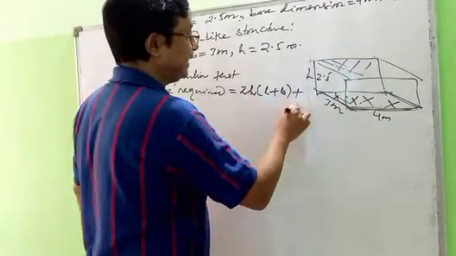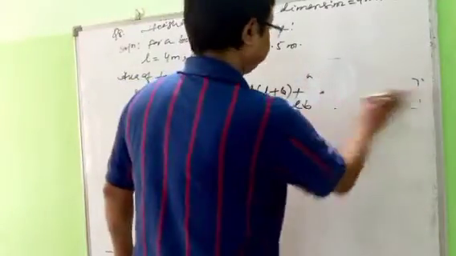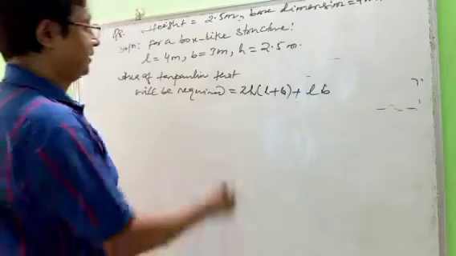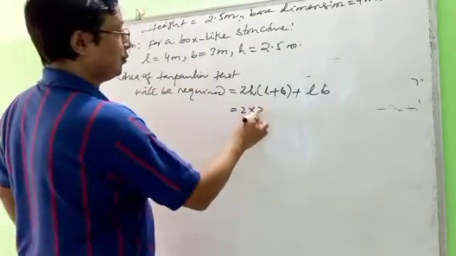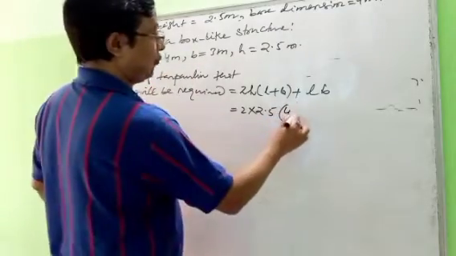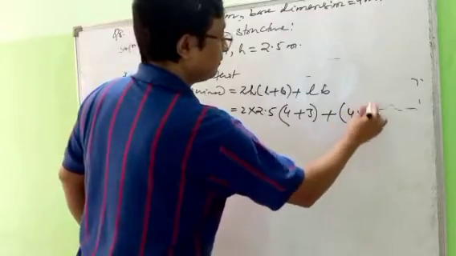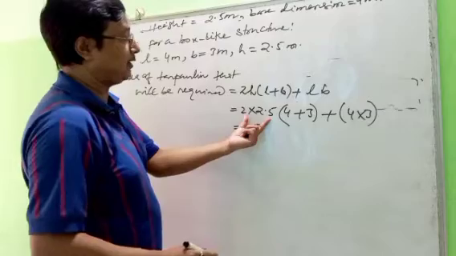Ceiling is length into breadth. So it will be length into breadth plus twice into height. Height is given 2.5, length is 4 plus 3. So 2 into 2.5 gives 5.